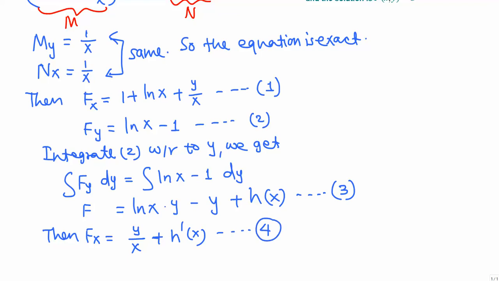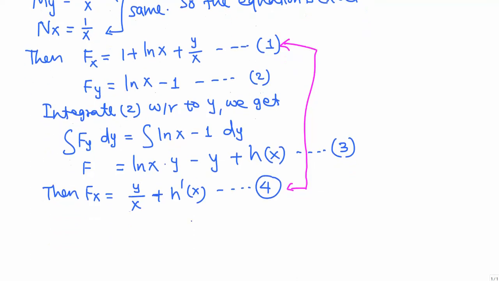Now we compare equations 1 and 4, because our function f is given here. All we need to know now is h. When we compare, the left hand sides are the same, y over x is the same, so h prime of x should be equal to 1 plus natural log of x. From there we should be able to find h.